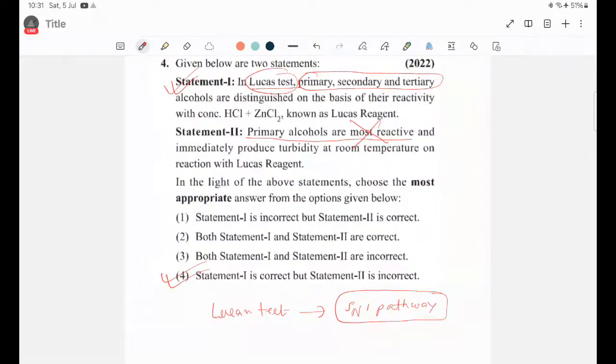As the Lucas test goes through the SN1 pathway, the tertiary carbocation formed from the tertiary alcohols will react so fast, whereas the primary alcohol, which gives the 1 degree carbocation, will be the least reactive or will take the longest time to give the turbidity. So statement 1 is correct and statement 2 is incorrect, and that's why option 4 will be the correct option.